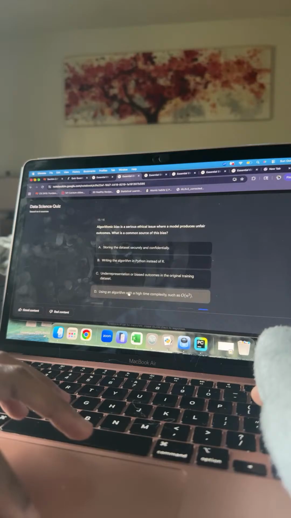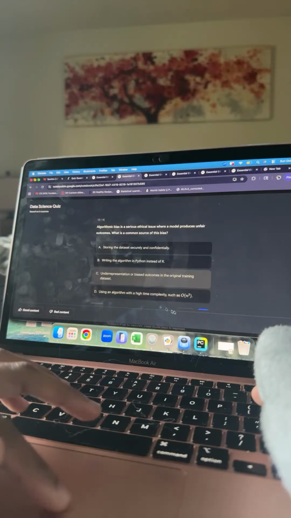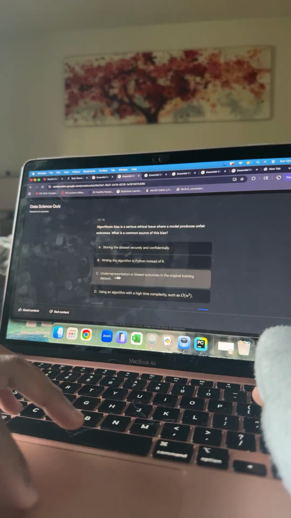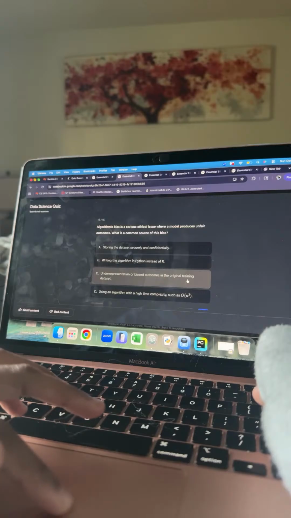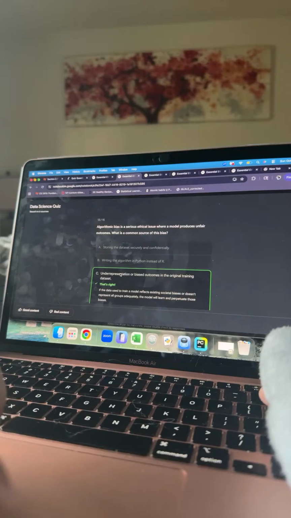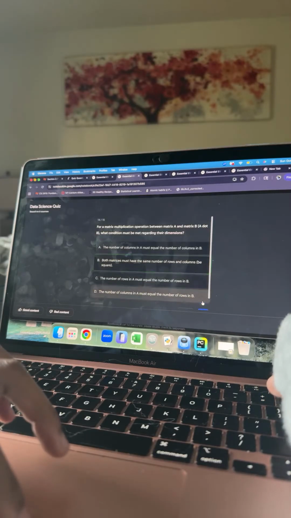I don't remember D. I don't know what this is. I think it's this one. Yeah, the training data set. Underrepresentation or bias outcomes in the original training data set. Yes, yes, yes. All right, next.